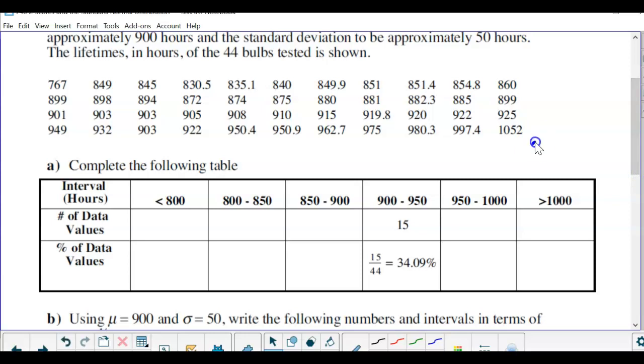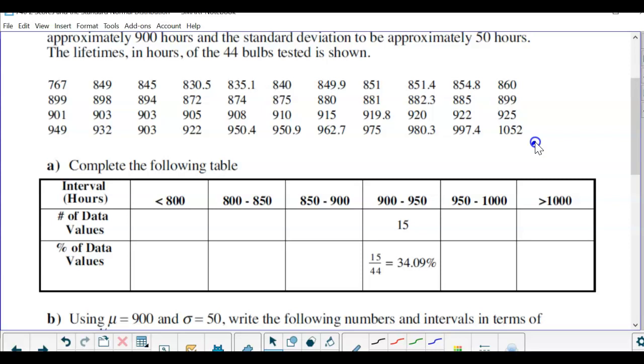I want you to look through here. I prepared a chart where it's set into intervals. Look at all the data values and see how many are less than 800. Now, first of all, look at these. I think they're all in order. Nope, not quite. So go through. That's less than 800, 800 to 850, 850 to 900.